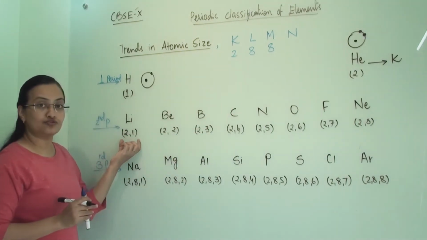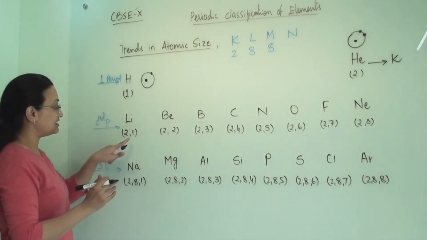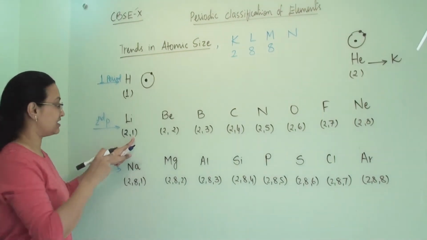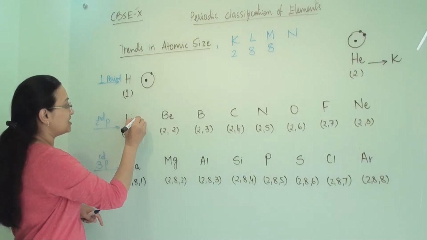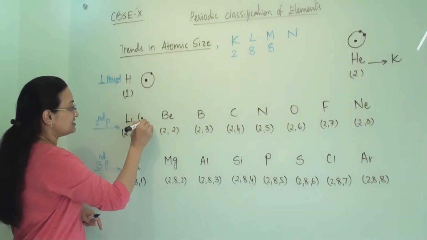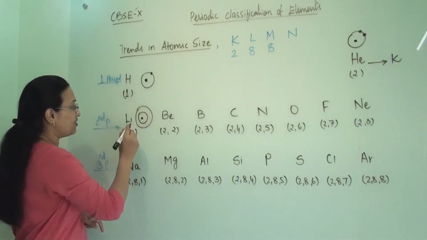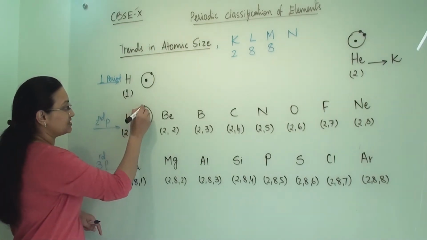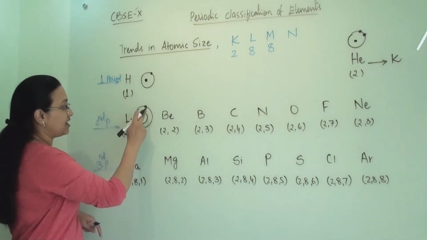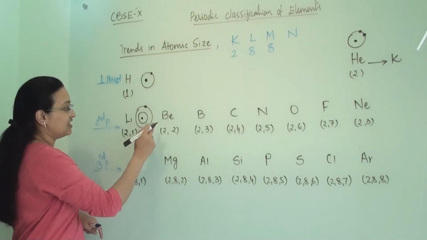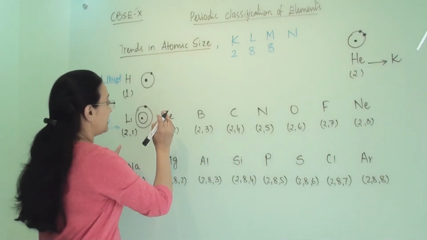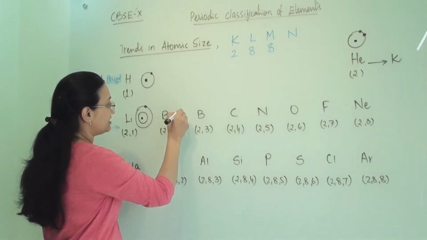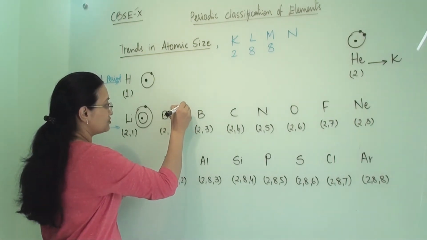Now coming back to the second period, here the second shell has started because the first shell is completely filled. Now we are coming here in the second orbit. So in the second orbit 1 electron is there. As we are going towards the right hand side, here let me put 2 electrons.